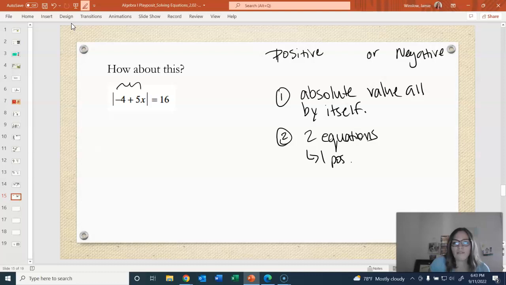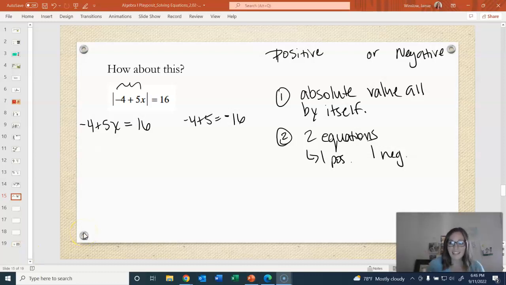One positive and one negative, because we have to see which one it's going to be. So we're going to set the inside -4 plus 5x. This can be positive 16, or -4 plus 5x can be a negative 16. So because the inside can be positive or negative, we have two equations to solve.